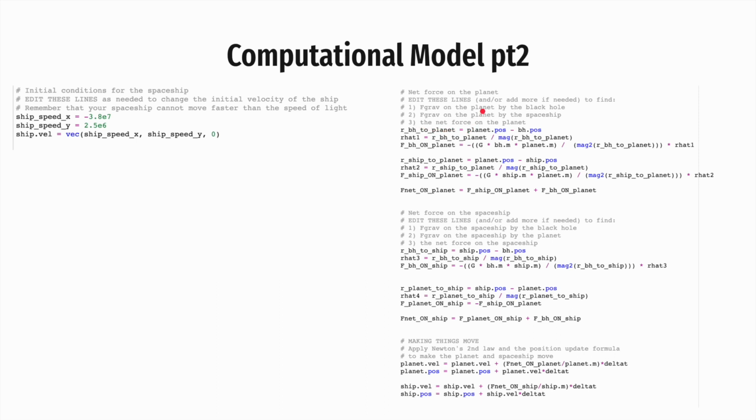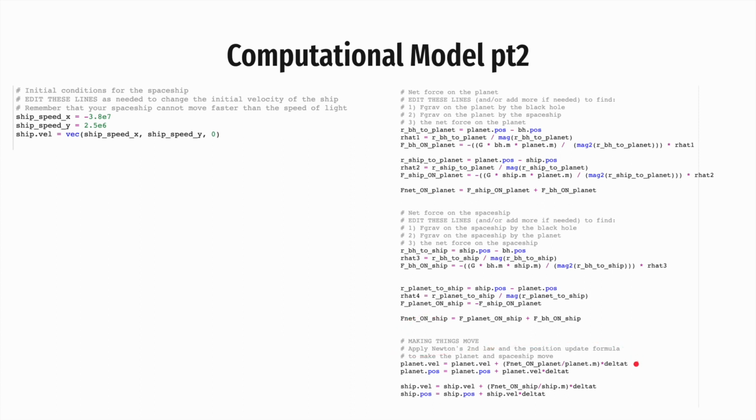So for the difference in position, I did the planet minus the black hole's position, and then I found the normal of that vector by using the vector divided by its magnitude, and then I plugged it into the gravitational force equation. And then I did the same thing here, and I added these 2 values to find the force that was acting on the planet, and then I did the same thing in these 2 to find the values that were acting on the ship.